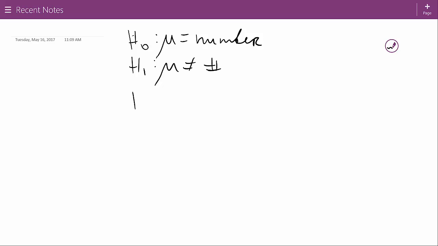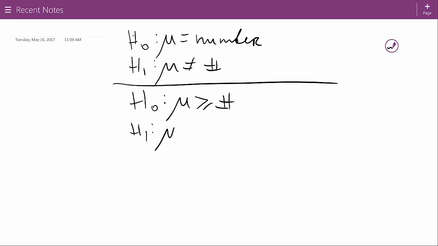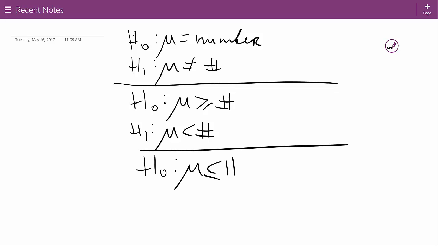And then another form is the null that the mean is greater than or equal to a number, and the alternative is that the mean is less than a number. And the third form is the opposite, right? Null is that the mean is less than or equal to a number, and the alternative is that the mean is greater than a number. Okay, so that's what we did so far, when we discussed one single sample.